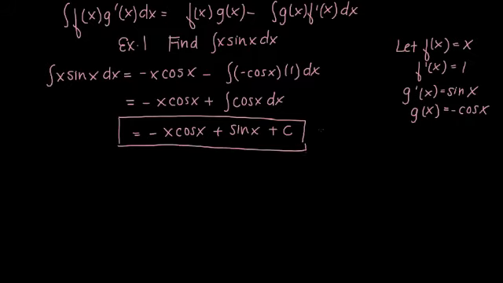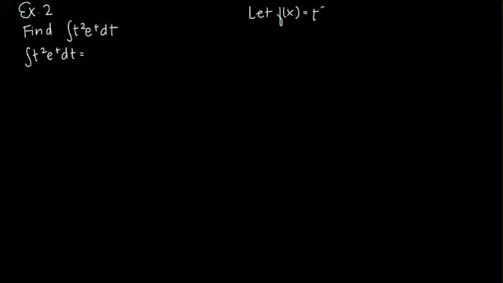This next problem is a little bit more difficult because we're going to be using integration by parts twice. So in this example, we're finding the integral of t squared times e to the t dt. And in this problem, we're going to let f of x equal t squared, f prime of x equals 2t, g prime of x equals e to the t, and g of x also equals e to the t.